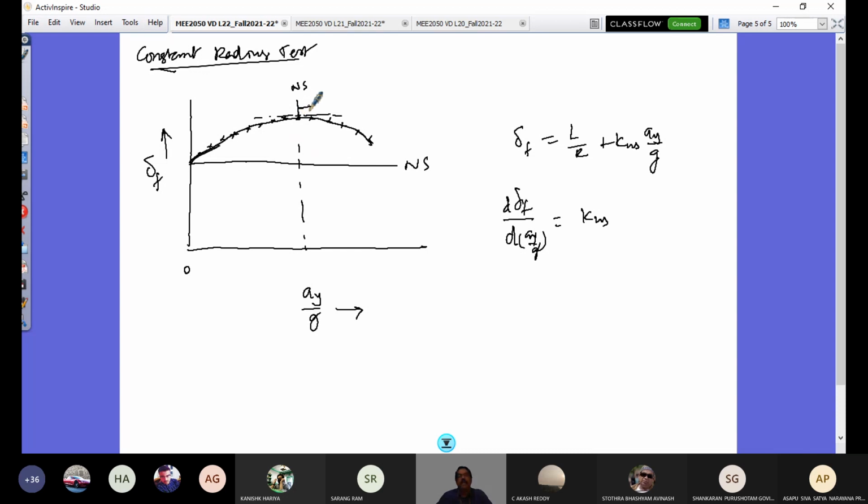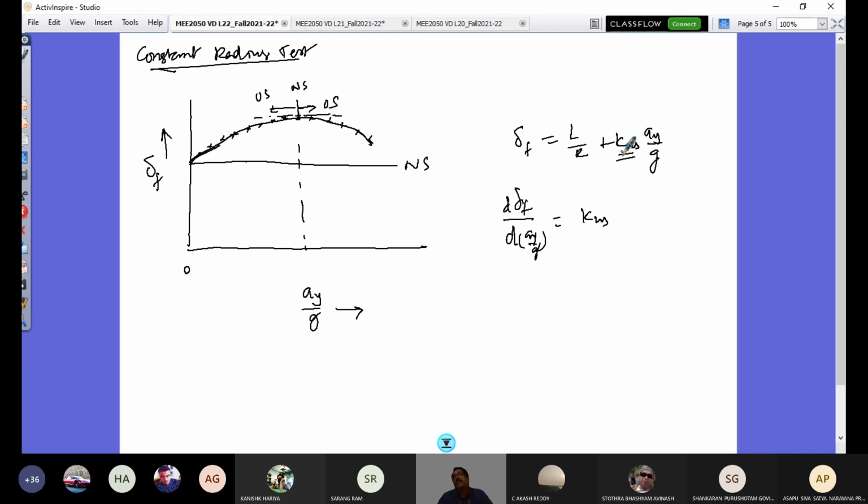So this is with oversteer tendency, and this is with an understeer tendency. Right, so what does a negative slope mean? KUS is negative, which refers to the vehicle behavior here. And in this equation, the KUS you get at that particular lateral acceleration is negative.